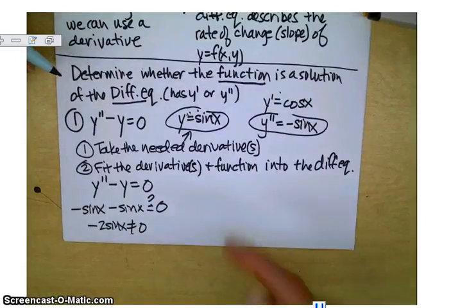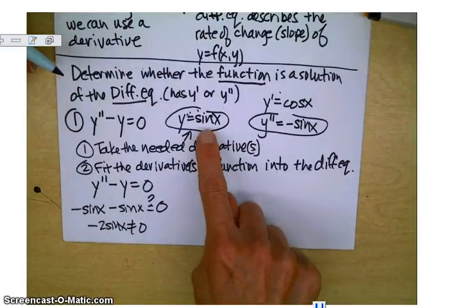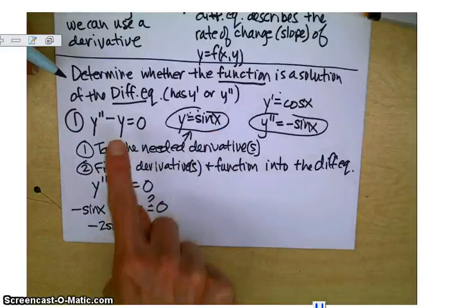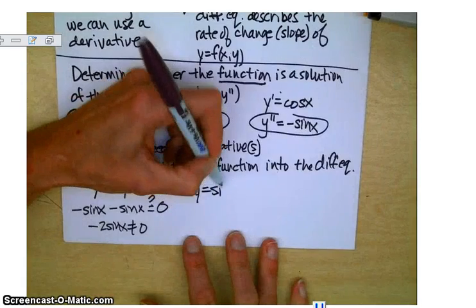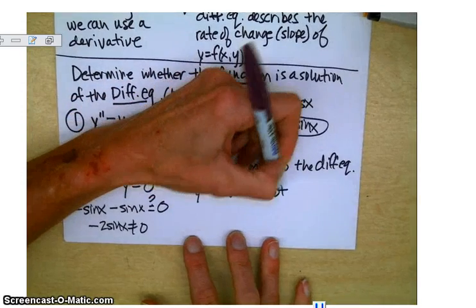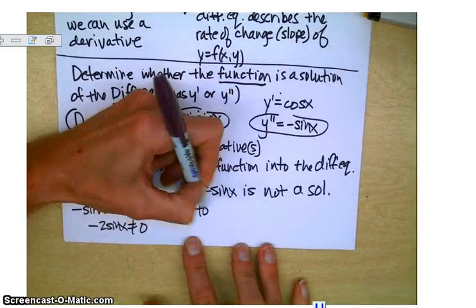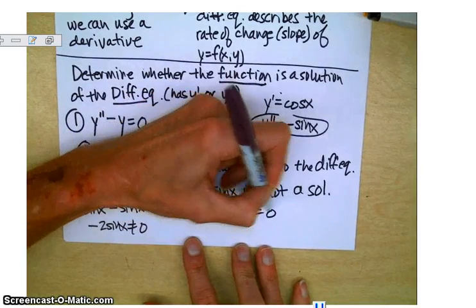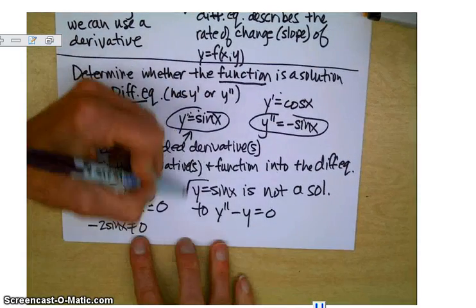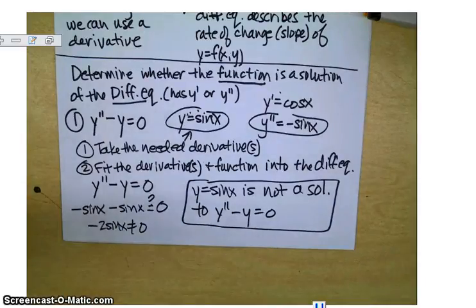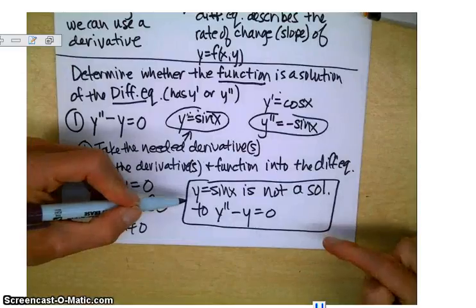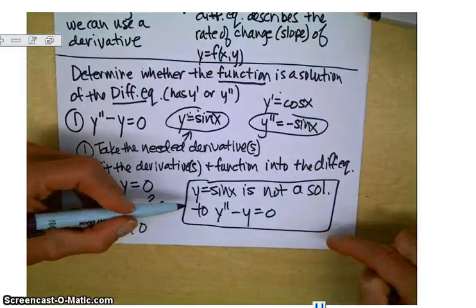So what can we say? Is this function, y equals the sine of x, a solution to that differential equation? Yes or no? No. So y equals sine of x is not a solution to y prime prime minus y equals 0. And write it in an almost complete sentence, because just saying yes or no shows less that you understood what the question was asking than when you write the answer in this fashion.